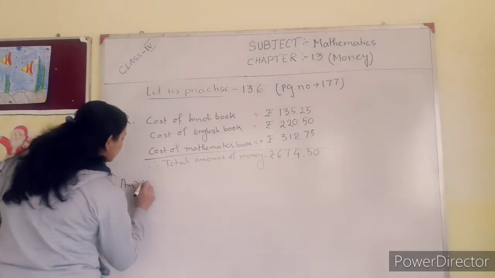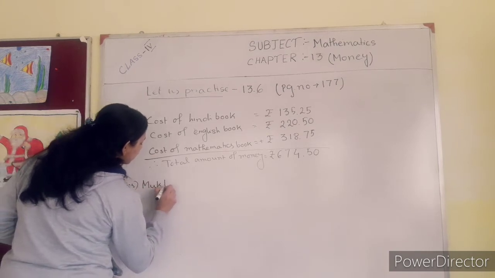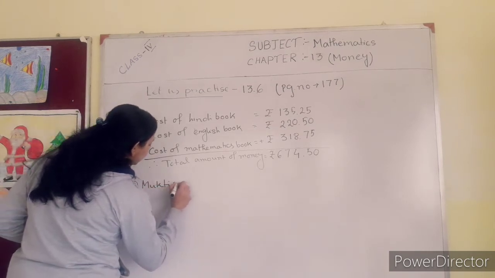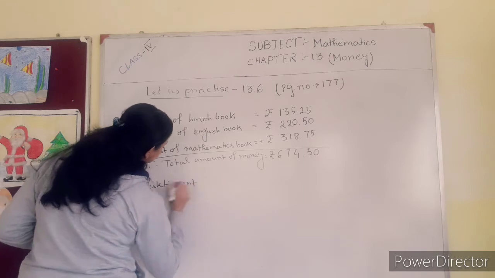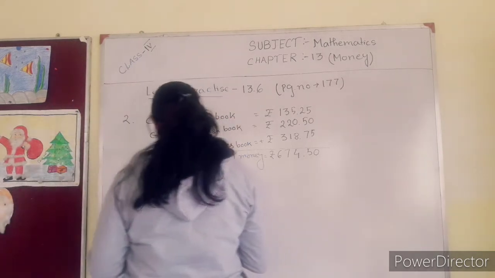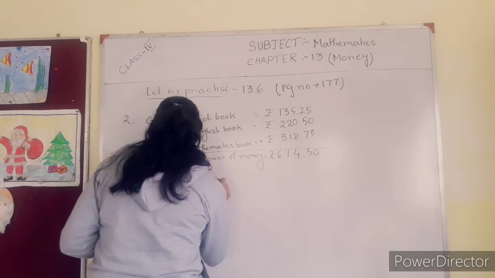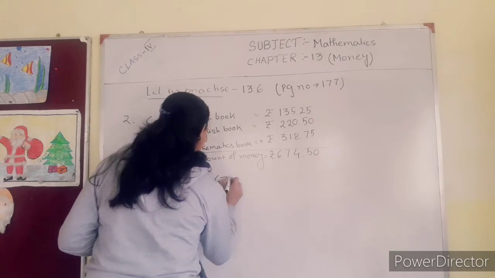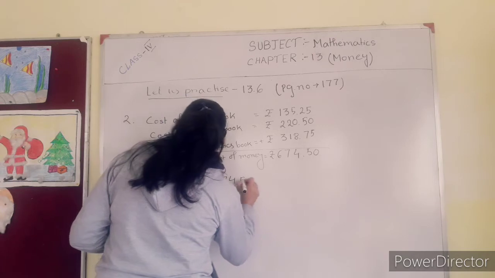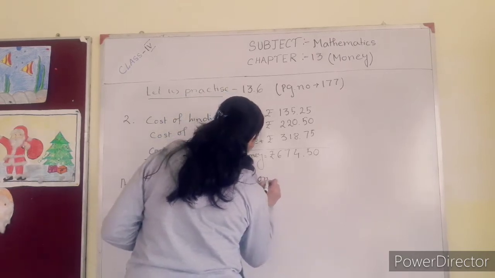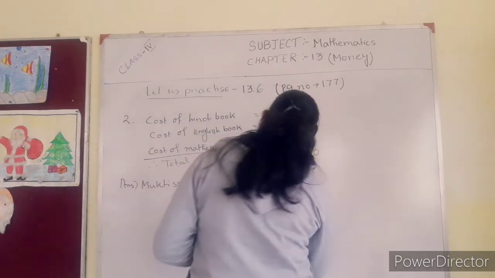Mukti spent rupees 674.50 on these books.